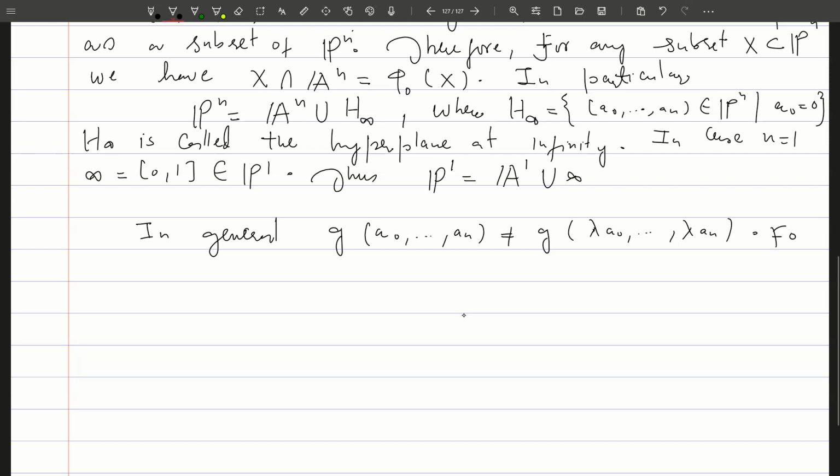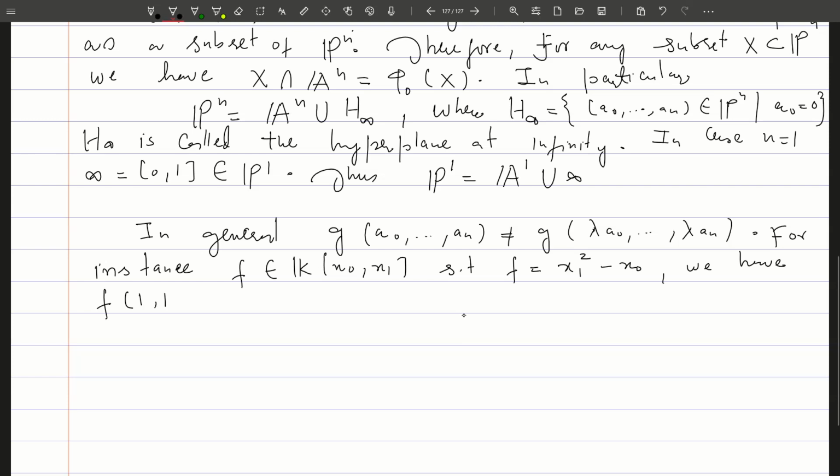For instance, if we look at the polynomial f in the polynomial ring in two variables x0, x1, such that f is equal to x1 squared minus x naught, then f evaluated at the point 1, 1 gives 0.